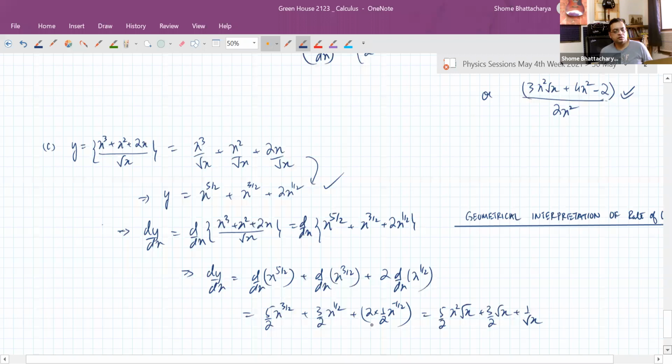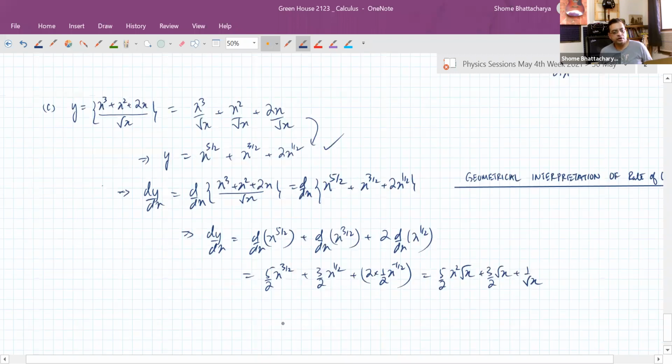Or if we want, we can take LCM once more and simplify it and write it as 5x cube plus 3x plus 2, whole thing divided by 2 root x also.